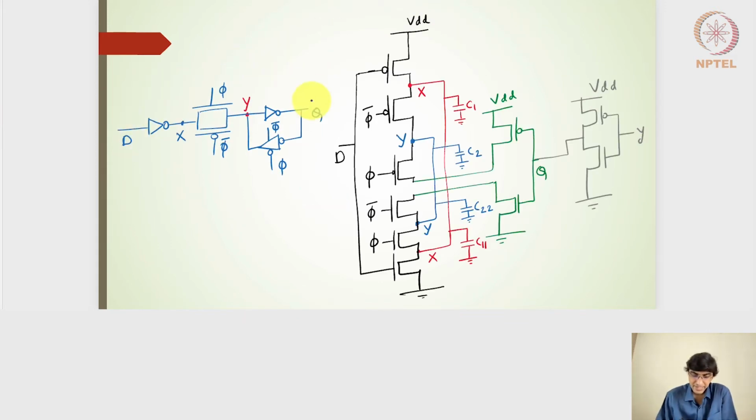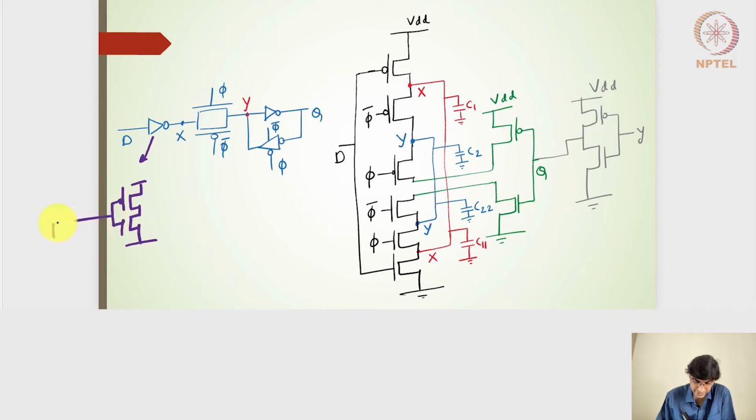Right. So if this is my gate level diagram, this will be my transistor level diagram. Okay. So let's have a look into it. What I'm going to do is draw the transistors for the individual gates here. So I'm going to draw the inverter.